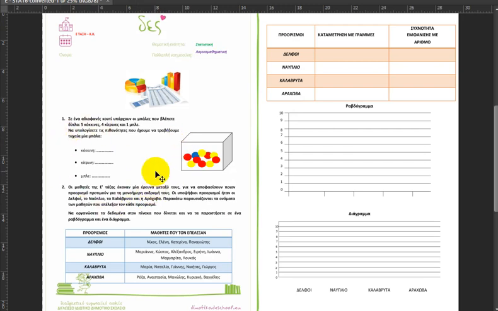Here in this one, we want to find what the chance is of drawing a red ball, yellow ball, or blue ball. So first, we need to find the total number of balls. There's 1, 2, 3, 4, 5, 6, 7, 8, 9, 10. The chance of a red ball is 5 out of 10.